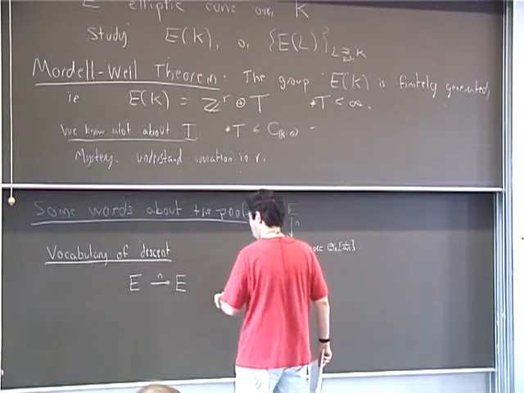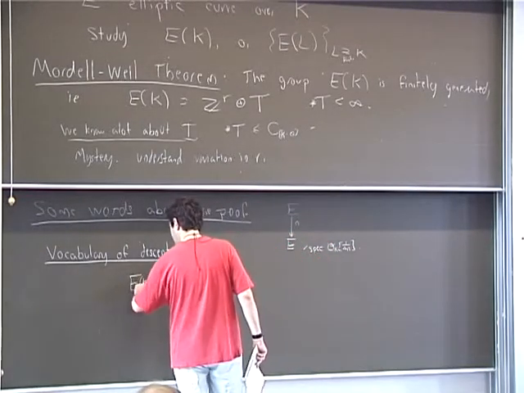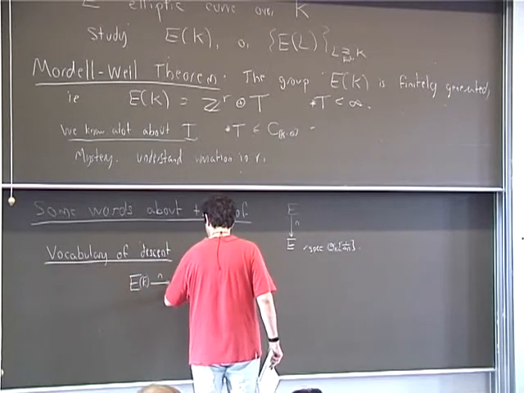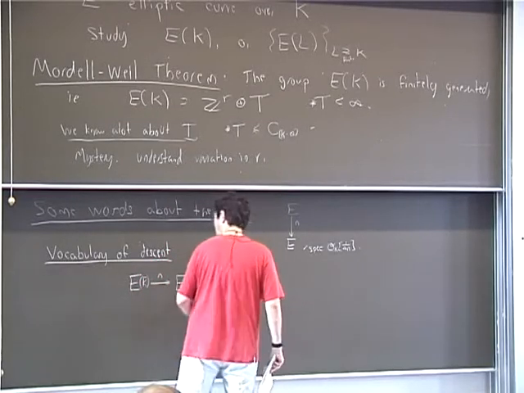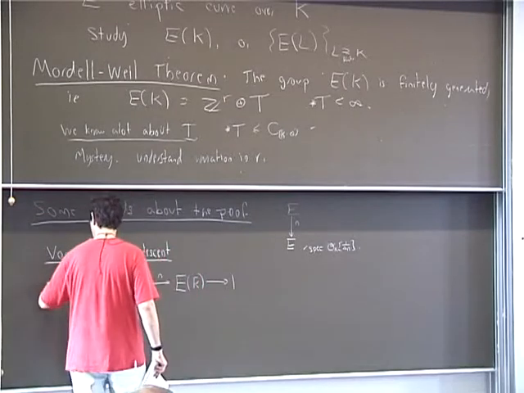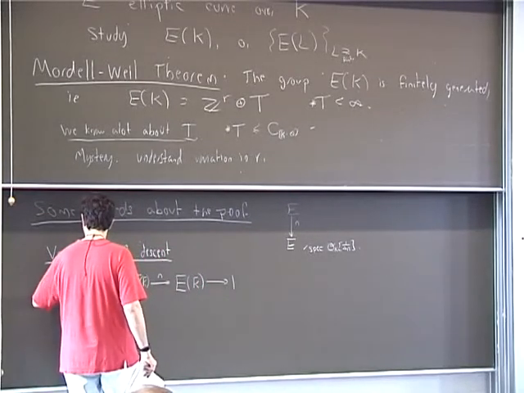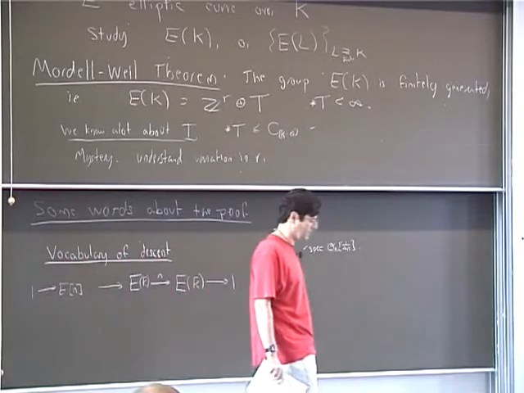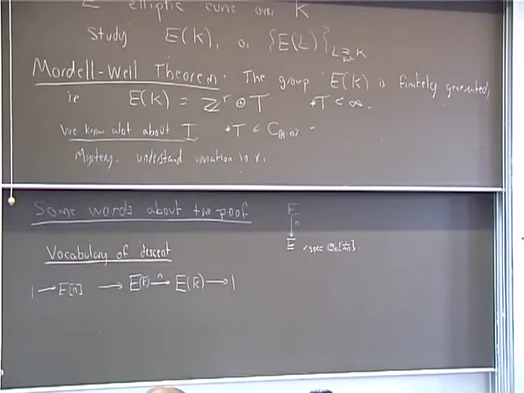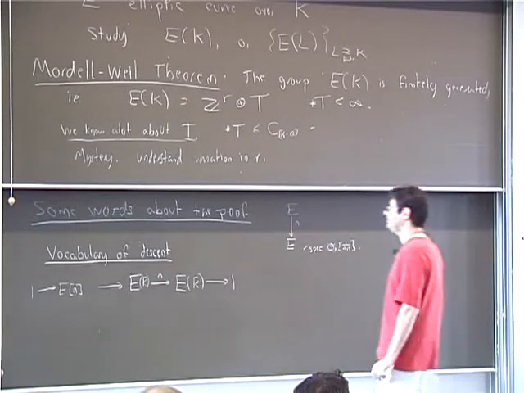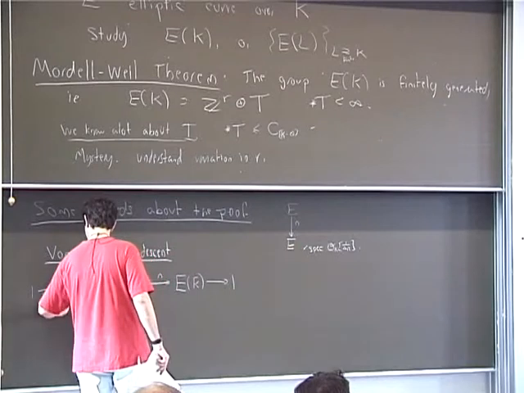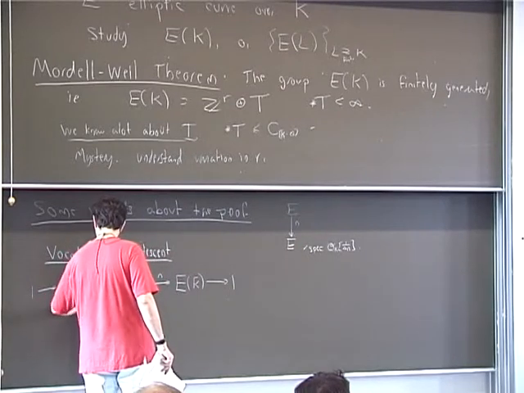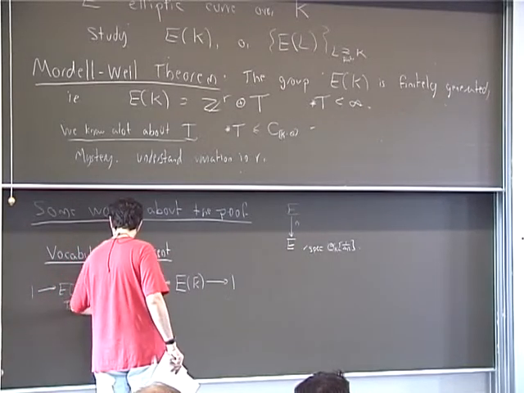So over K bar, it's a surjective map, and the kernel is the module of n-torsion points of E defined over K bar. Now we can take the Galois invariants of this exact sequence. So we take the G_K invariants.